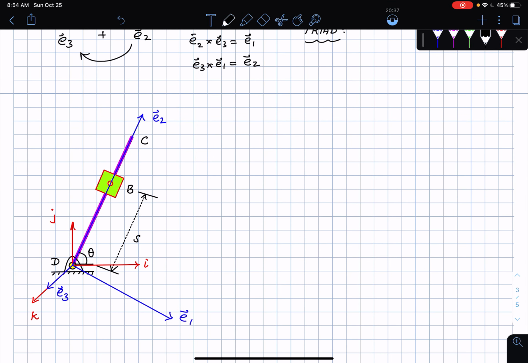I'm going to start off with the velocity expressions. When I do the velocity expressions, I'm going to relate the velocity of B to the remaining velocities that I have. So velocity of B is velocity of D plus velocity of B slash D relative, which we said was not 0.